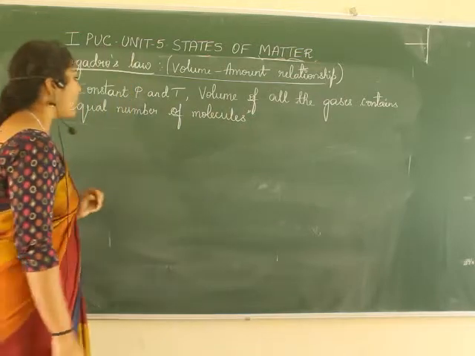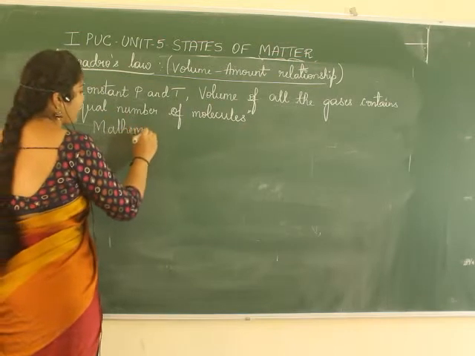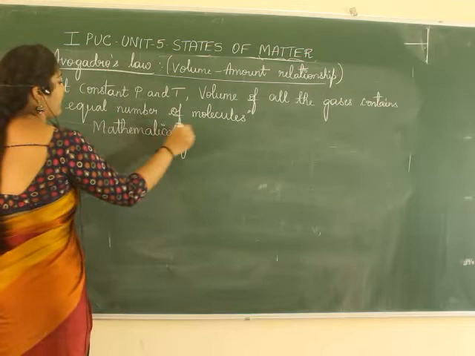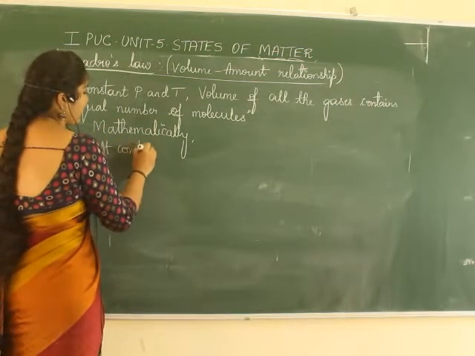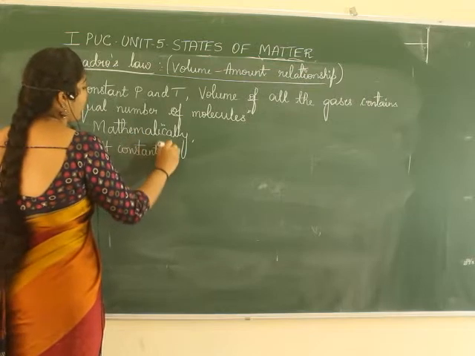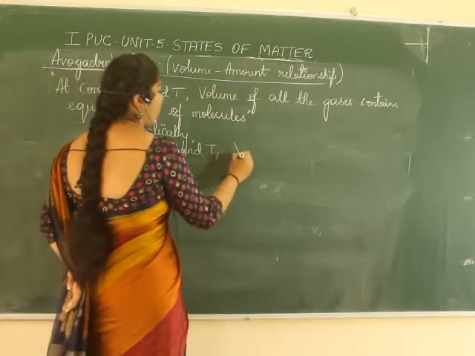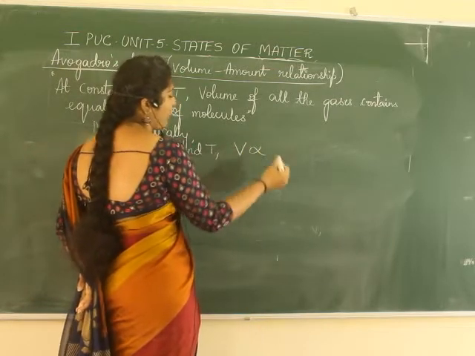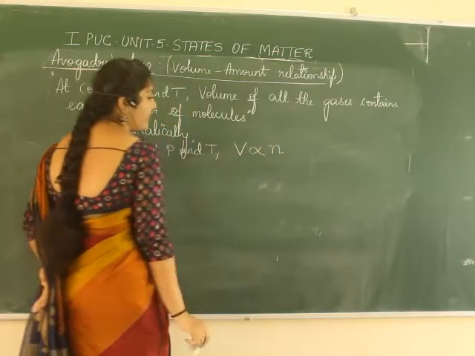So that means volume of any gases at constant temperature and pressure will have equal number of molecules. So mathematically, how can I write it? Mathematically, at constant pressure and temperature, volume of all the gases contains equal number of molecules, means it's directly proportional to number of molecules.